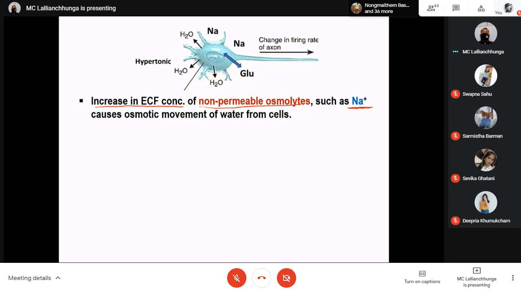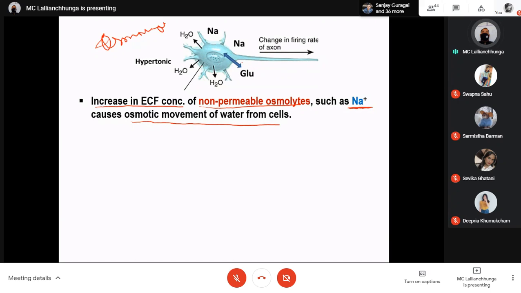This will cause osmotic movement of water from the cells. Let us say this is the thirst osmoreceptor, the osmoreceptors of the thirst center, which may be in the SFO or OVLT. So you see, this is the thirst osmoreceptor.